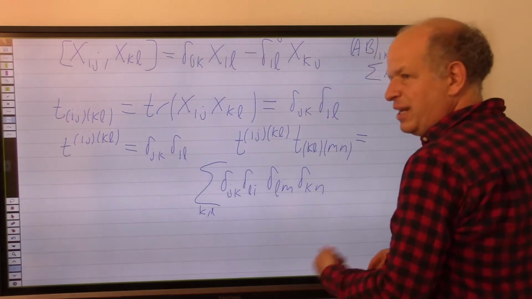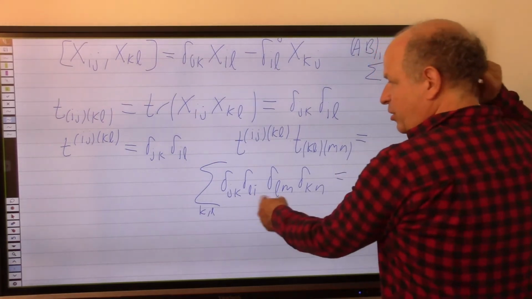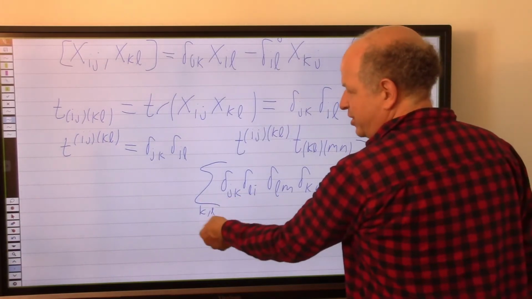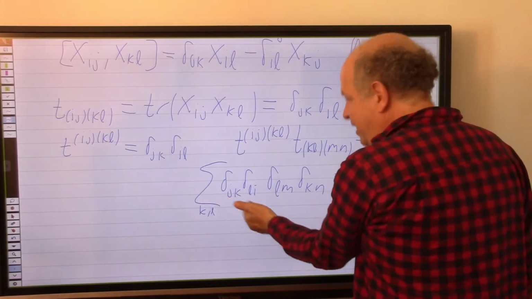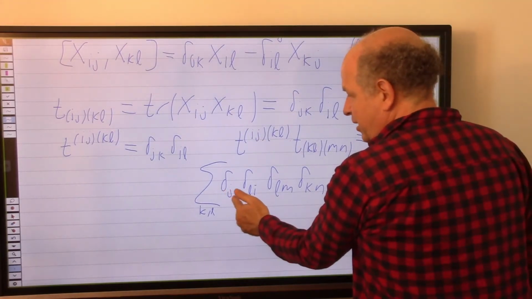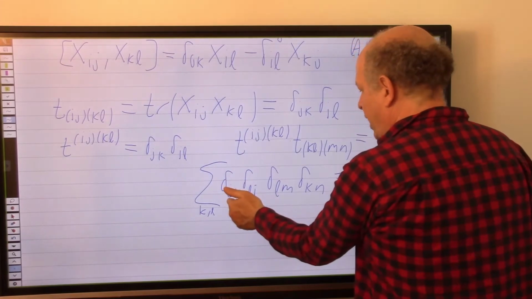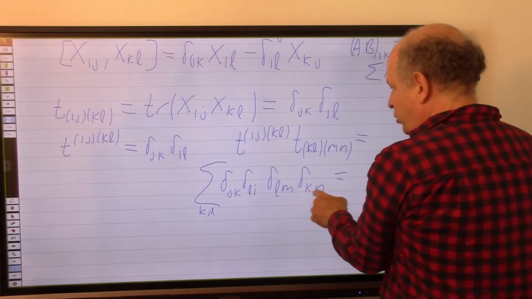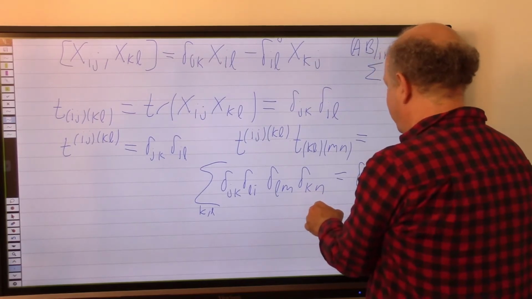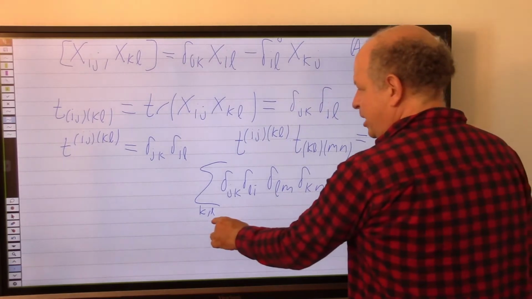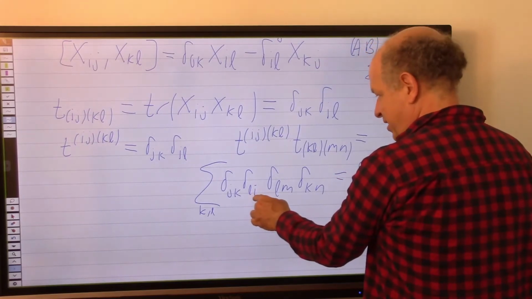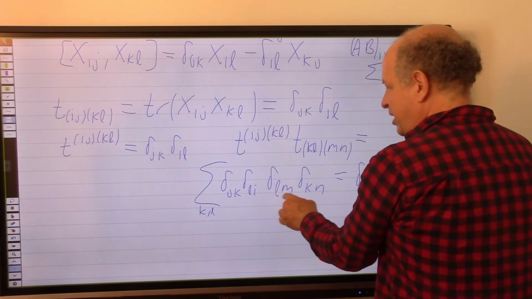But the only way this will give a non-zero contribution is if K is equal to J. So with the summation over K, K is really J. And if K is equal to J, then this delta will contribute 1, and this delta will contribute delta JN. So this is delta JN. And likewise, the summation over L, this delta forces L to be equal to I, and then this becomes delta IM.